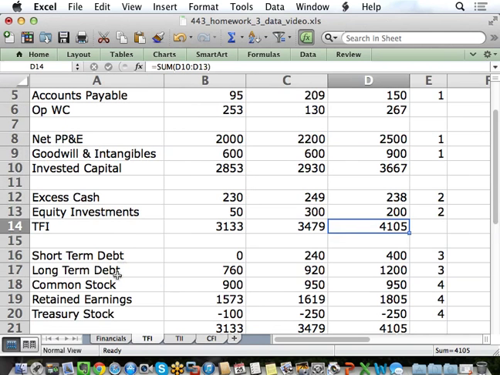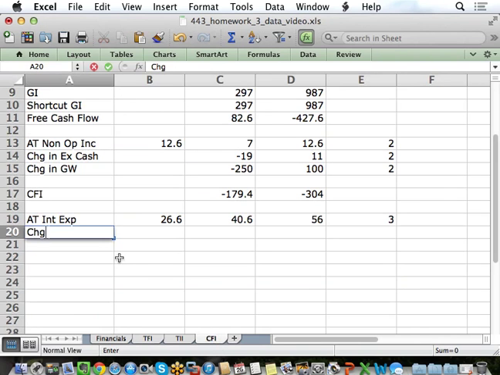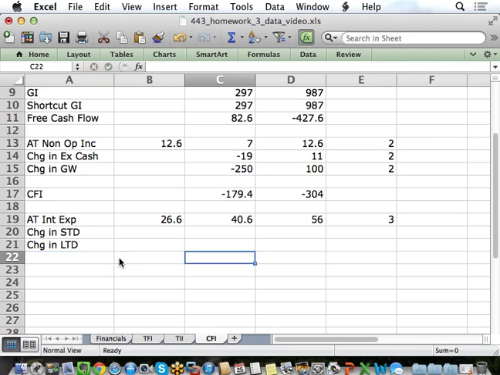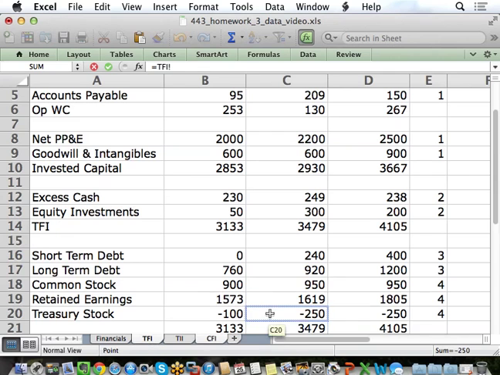I have two: short-term debt and long-term debt. Now I could simplify this by just adding the two and calling it change in debt, but in this case I'll break it out individually. So I have a change in short-term debt and a change in long-term debt. Short-term debt went from 0 to 240.